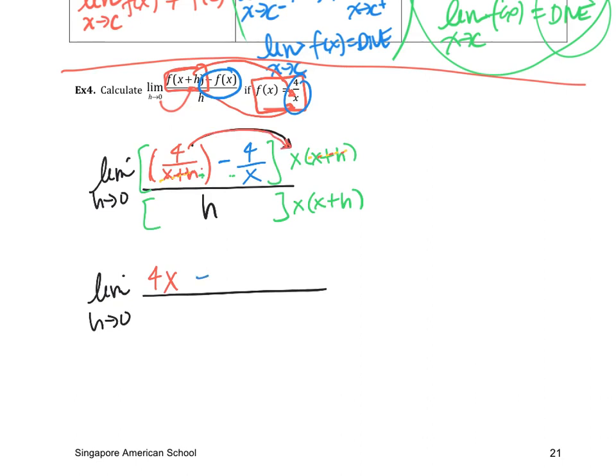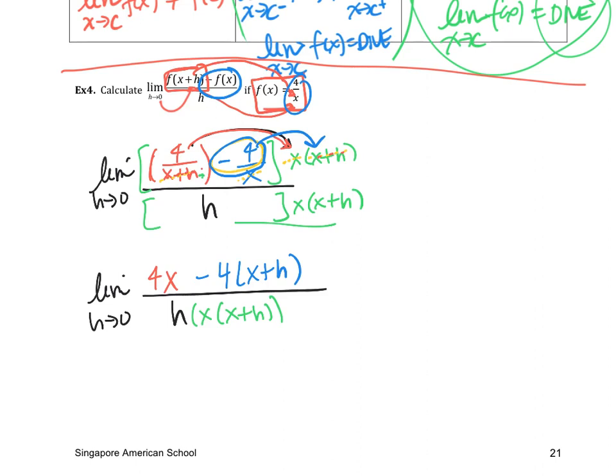For my blue part, my x and my x would cancel, so I'd only be left with negative 4 times x plus h. And in my denominator, I am still left with h times x plus h, right? So nothing cancels in my denominator, so I've got to put it all down there.